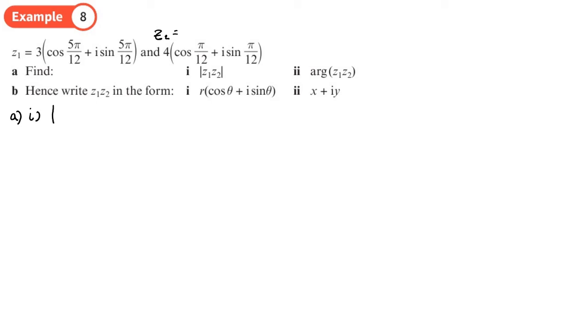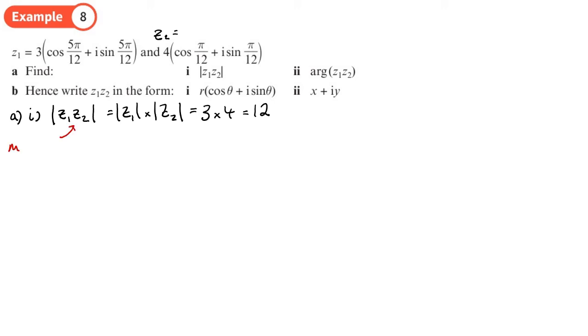If we were to multiply them first, what would be the modulus of the new complex number? Well, that's equal to the modulus of the first one times the modulus of the second one. The modulus of the first one is 3, modulus of the second one is 4, so it's just 12.